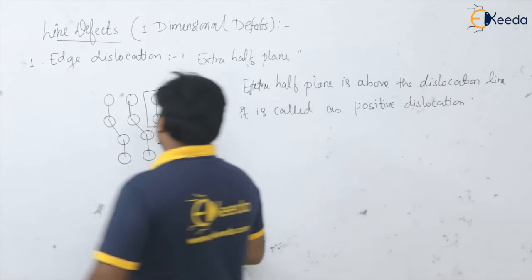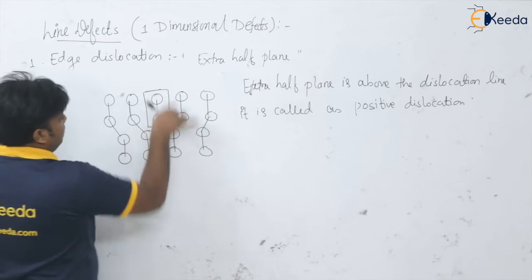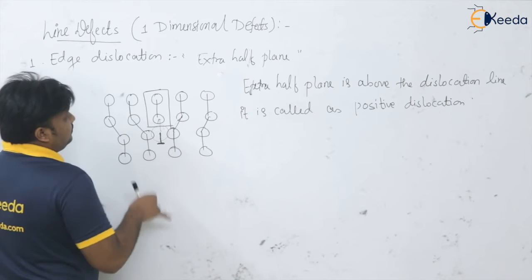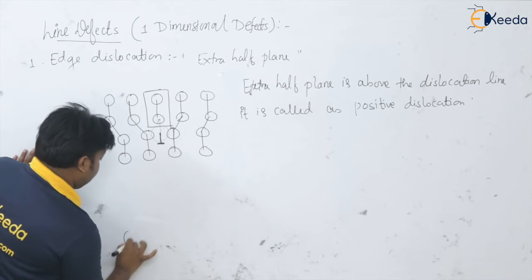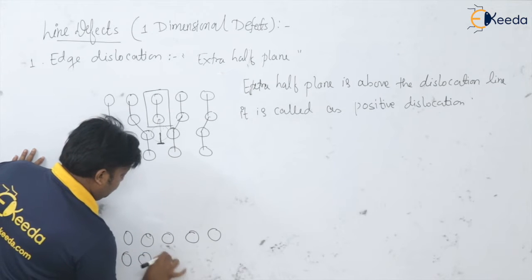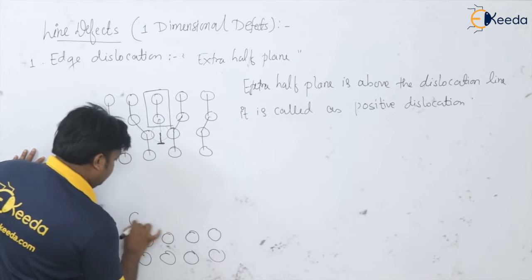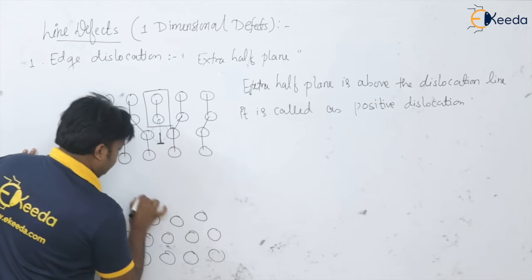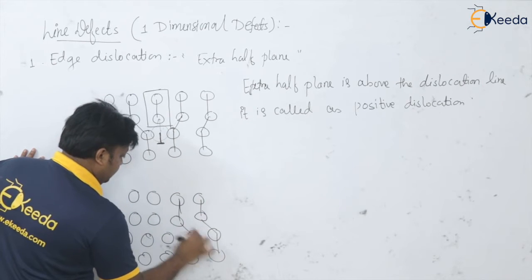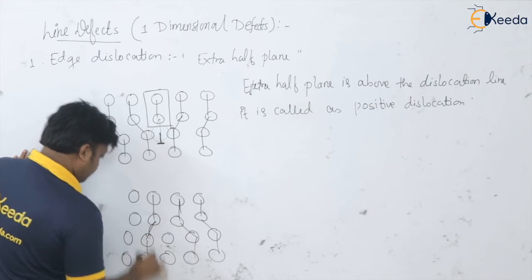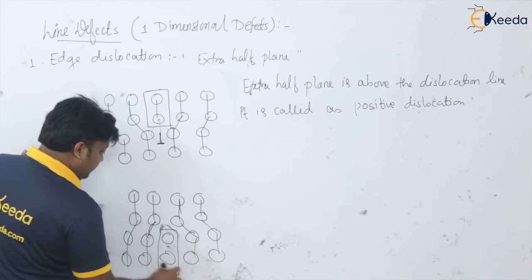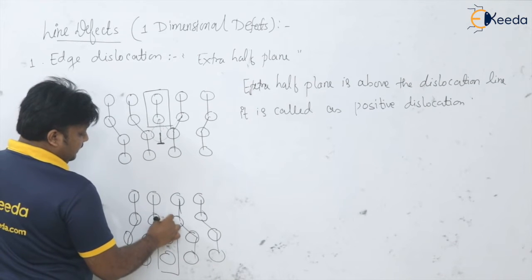And if suppose this extra half is present below this dislocation line, okay, like this, so this is the extra half plane which is below this dislocation line.